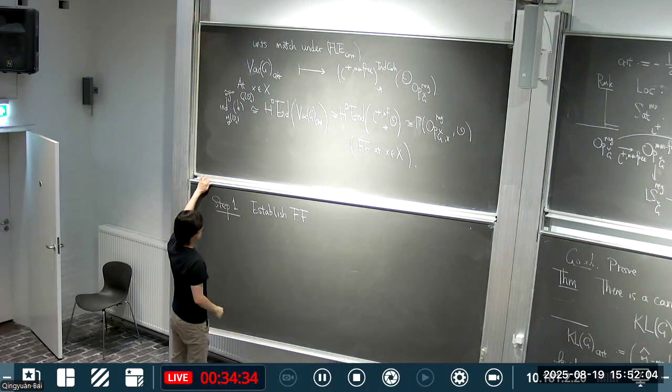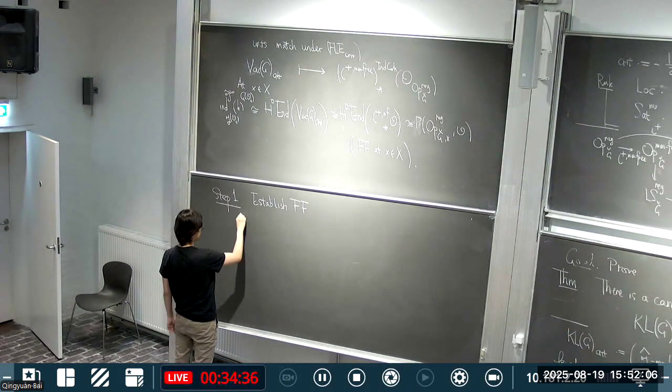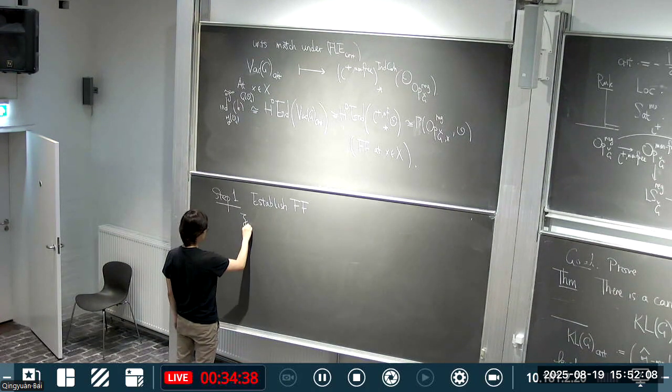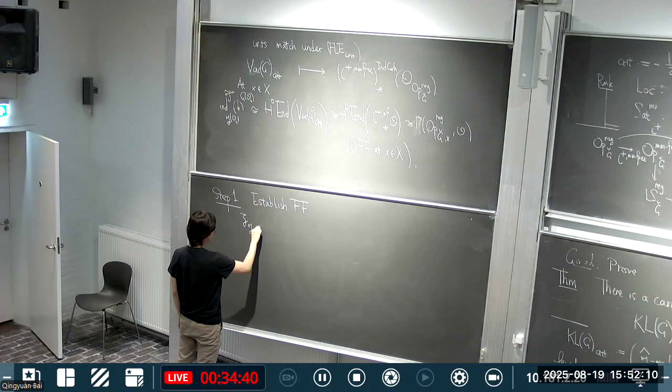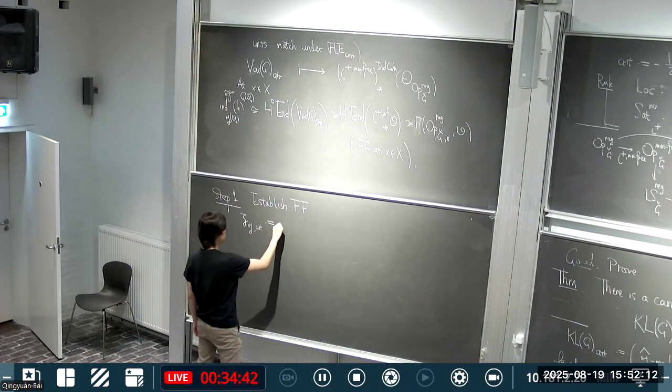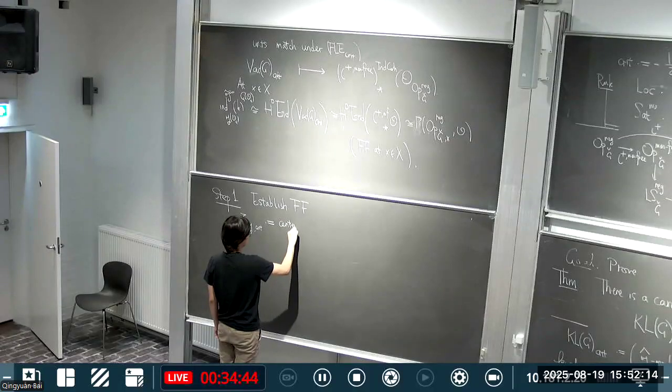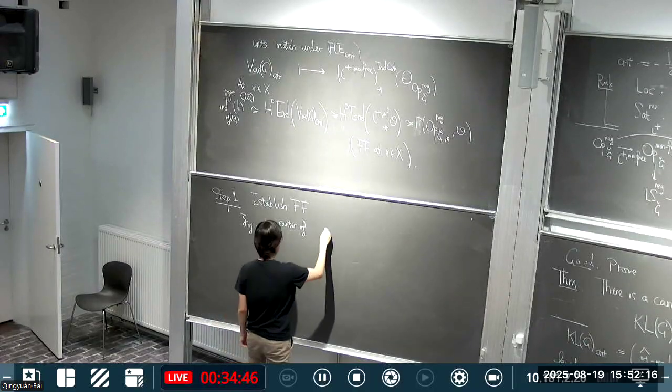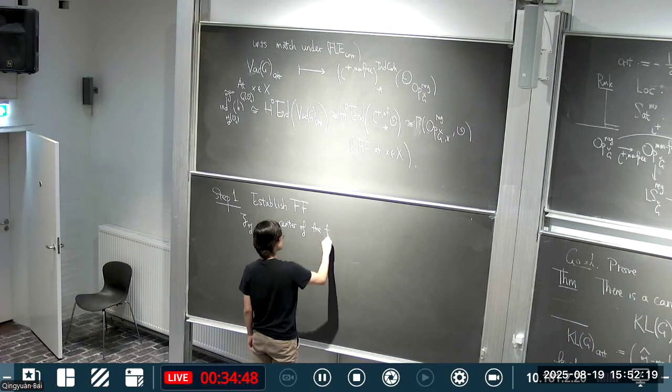in the following sense. So we let Z_Ǧ be defined to be the center of the factorization algebra.